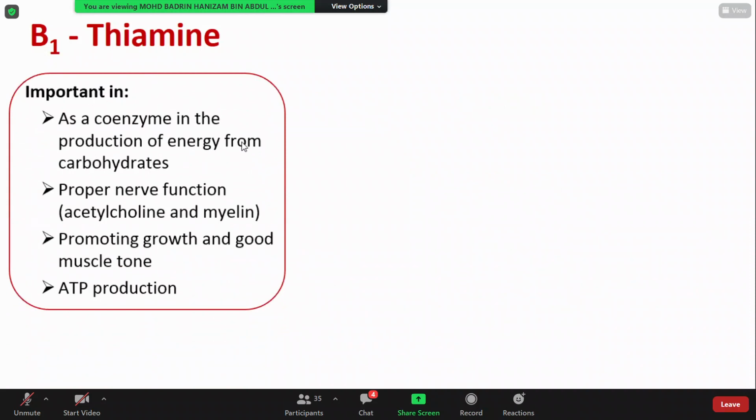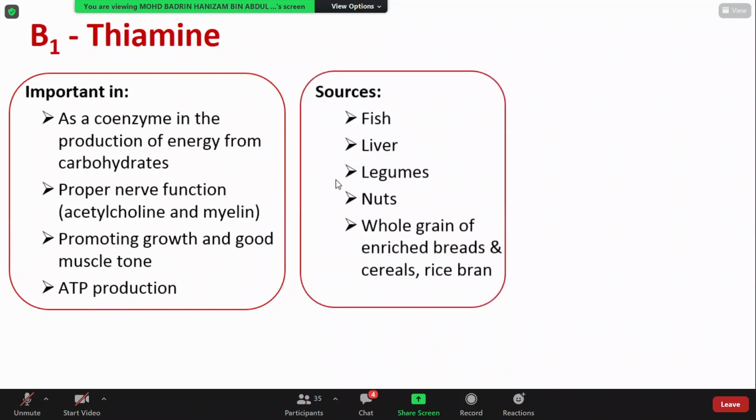Okay, thiamine is an important coenzyme for energy production from carbohydrates. Thiamine, also vitamin B1, is also important for proper nerve function, such as in acetylcholine and myelin, promoting growth and good muscle tone, and ATP production. ATP production, of course, is related to energy from carbohydrates. And then what are the sources of thiamine or vitamin B1?